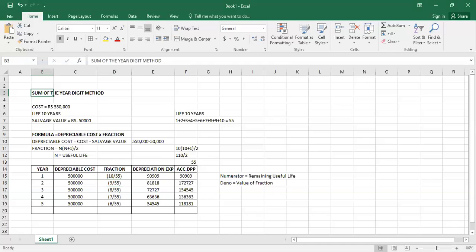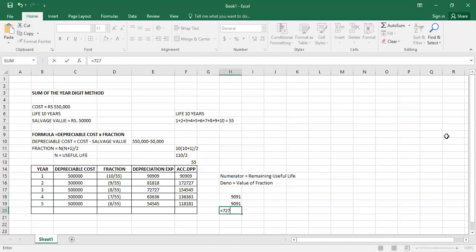Now the difference between the depreciation expense from first to second, second to third, third to fourth, and fourth to fifth year will be the same. Check it out. Here the depreciation difference between these values is 9091. Now let's check the difference between 81818 and 72727. Again the same value.